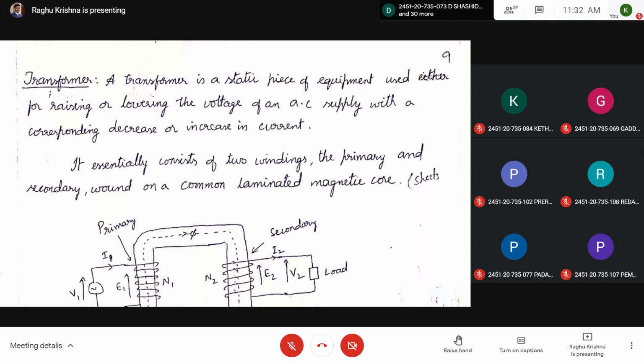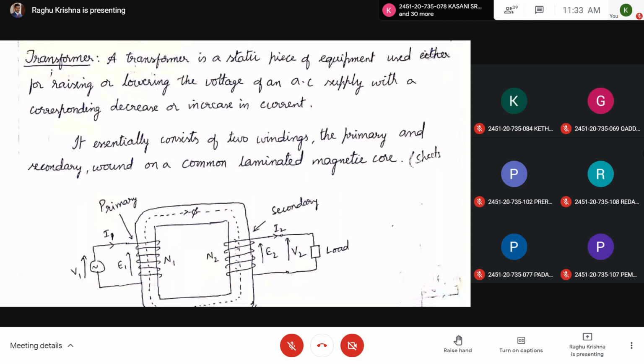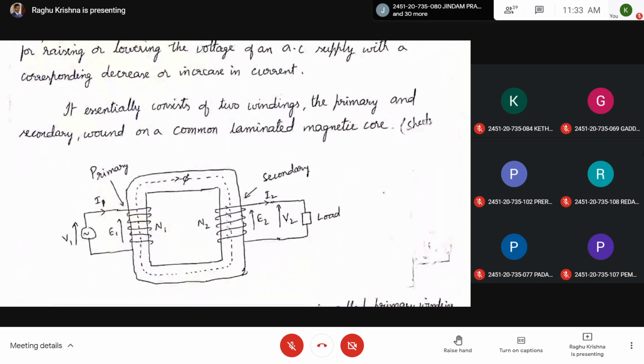So here, if you take a transformer, it essentially consists of two windings, the primary and the secondary, wound on a common laminated magnetic core.